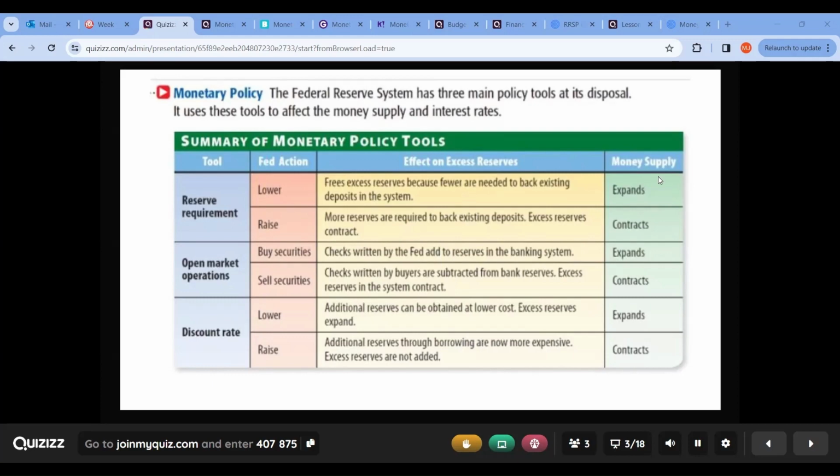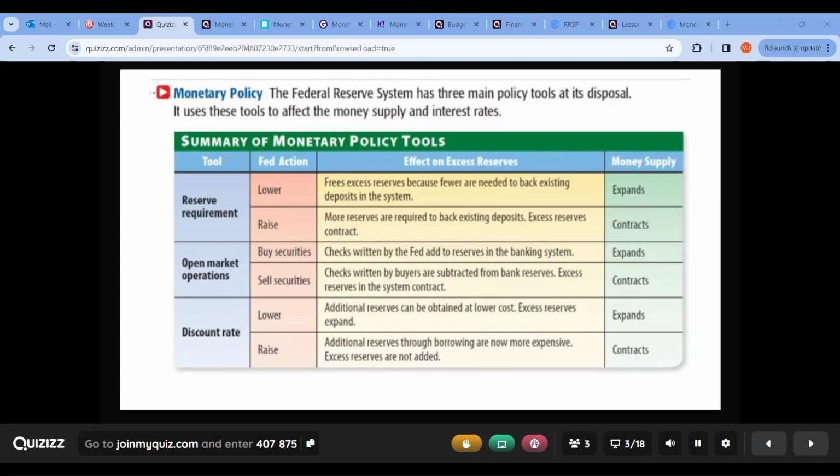I'll state in the chat the ways to increase the money supply: lowering the reserve requirement, buying securities or bonds, and lowering the discount or interest rate.